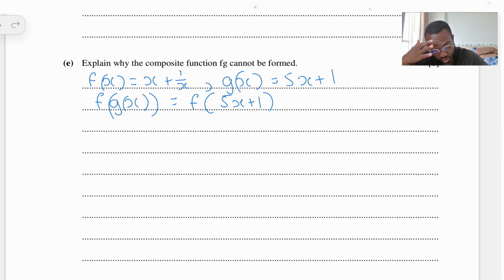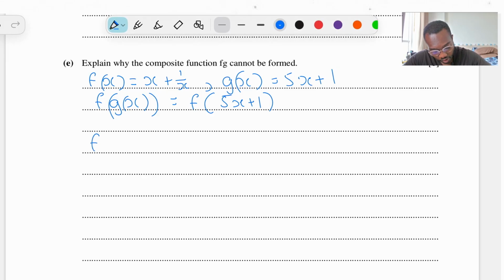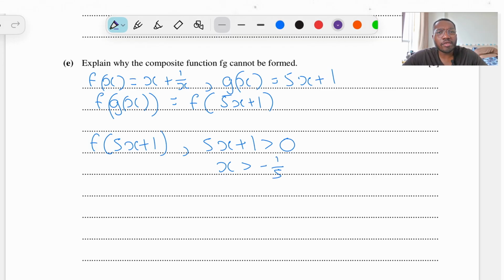Because when we look at f of 5x plus 1, all of that has to have the domain 5x plus 1 is greater than 0. If we work this out, that will give us that x is greater than minus 1 over 5.